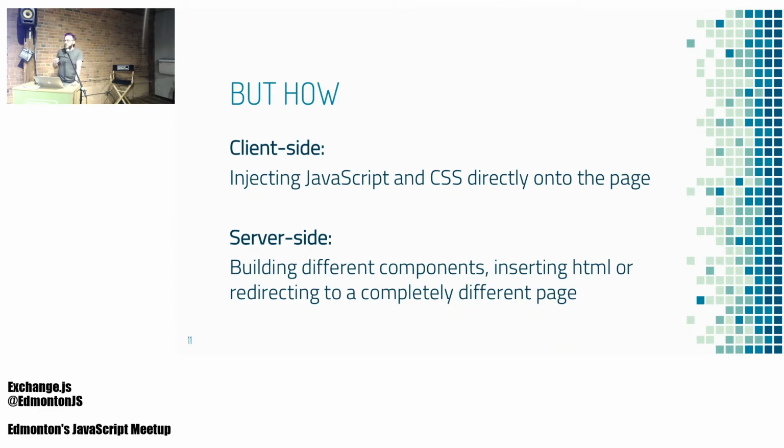You can inject JavaScript directly into the page via some third-party APIs, and they'll usually do all the work on the front end. So I'll use Optimizely as an example because it's one I know. You include Optimizely code on your page, and then Optimizely will bucket your users into different variations and then track where they're going.